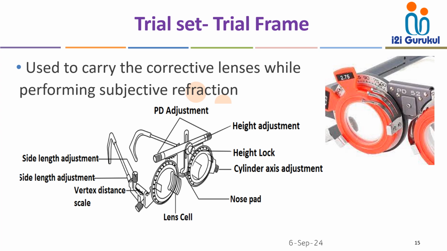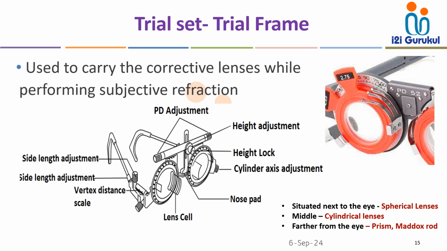Lenses that are placed in front of the cells can be rotated. This is useful because cylindrical lenses need to be rotated during the refraction to determine the amount and axis of the person's astigmatism. It also allows the axis of the cylindrical lens to be accurately placed against the axis scale marked on the trial frame.